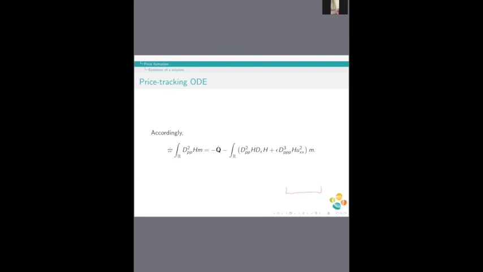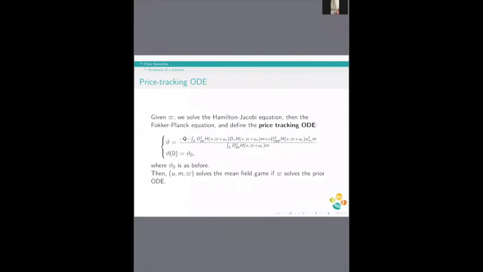So in fact, what you have is this price tracking ODE, which is quite messy, but shows that the map that takes price, u, m, to price belongs to W^{1,1}.